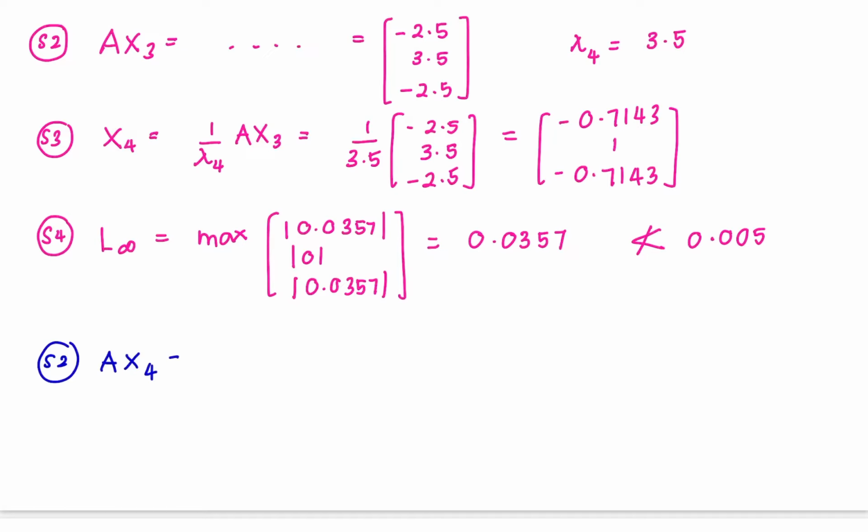Now is AX4. So I'm just going to go fast here. So AX4 multiplying. Okay, so the value here, we are working in 4 decimal places, right? So minus 2.4286.